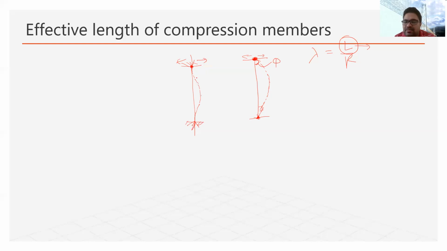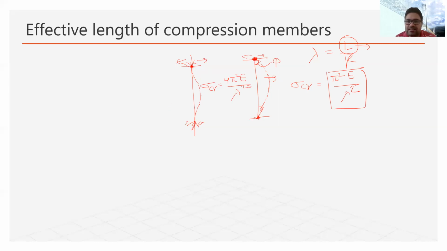So in this case the buckling load carrying capacity, if the column is fixed at the ends, will be 4 times higher. If we get the sigma CR value as pi square E upon lambda square by considering the column as hinged, then if we consider our column as fixed, the sigma CR value will be 4 times pi square E upon lambda square.